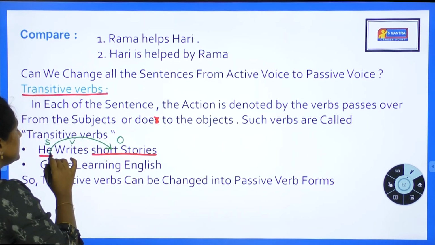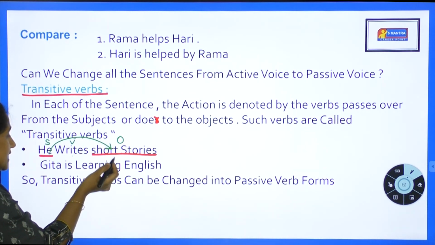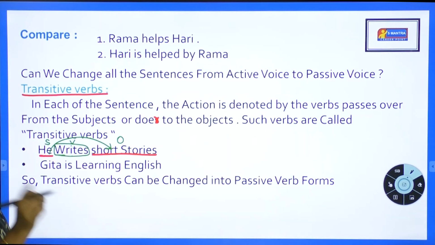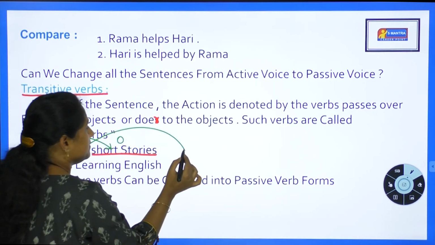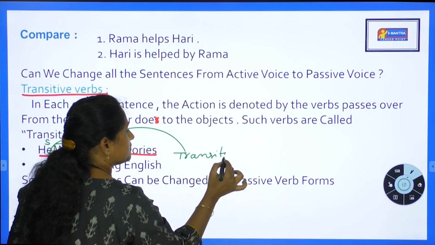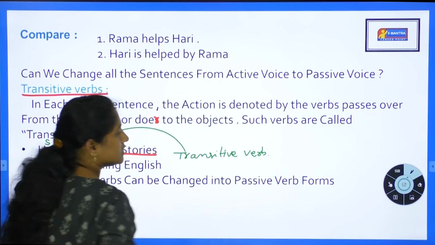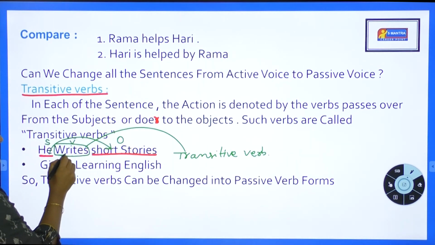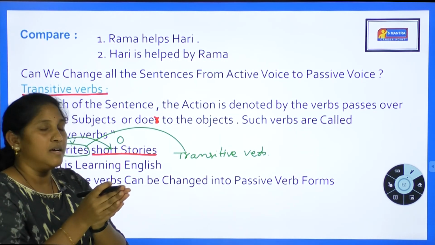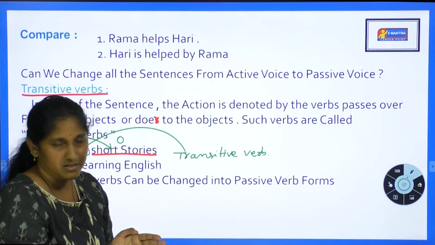When the action passes from the subject to the object, then the verb will be a transitive verb. So in these kinds of sentences, along with the subject and the object, the verb will be a transitive verb.